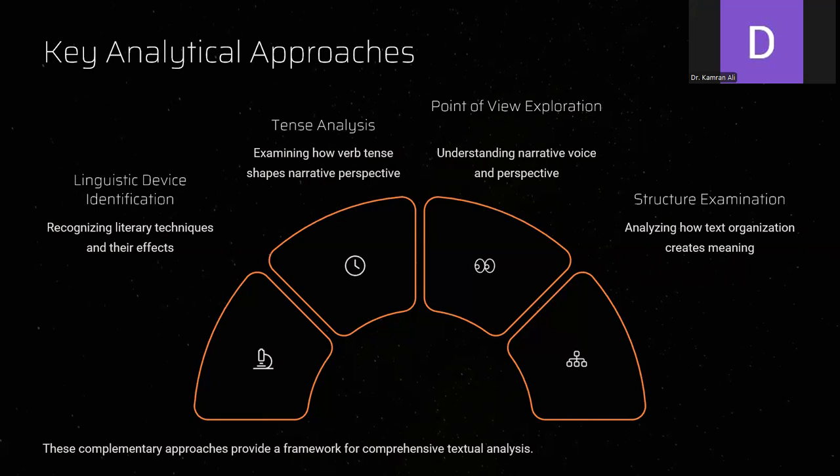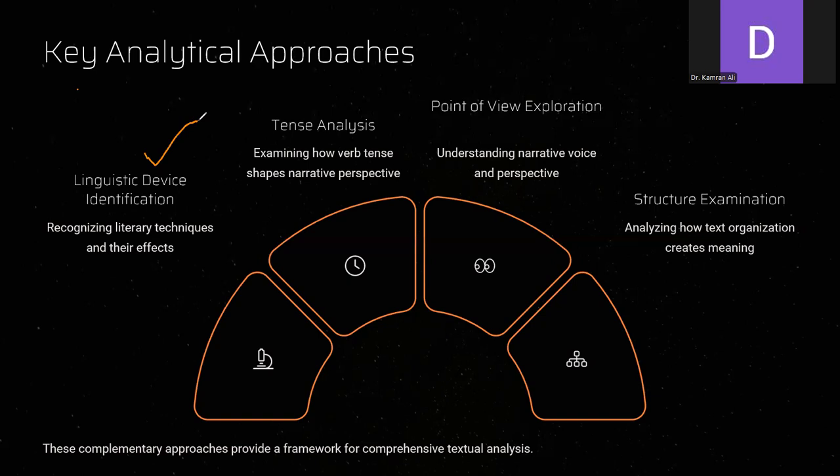First of all, we need to keep in mind key analytical approaches. The first one is to identify linguistic devices. Now, we have discussed lots of linguistic devices during our classes, and I've given you, I think, a PDF about that, right?